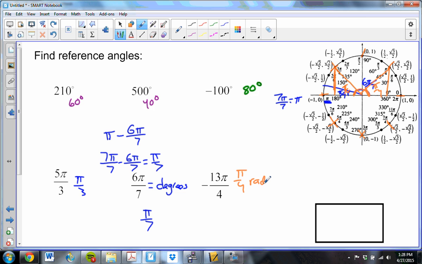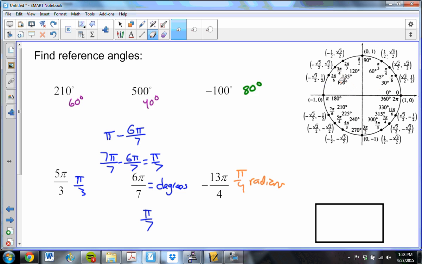I think I'd like to do a couple more just to make sure we can handle all of them. So let's do 9 pi over 11. 9 pi over 11 is less than 1 pi. I just want to flip it around. I'm going to do 11 pi over 9. 11 pi over 9 is more than a whole pi.